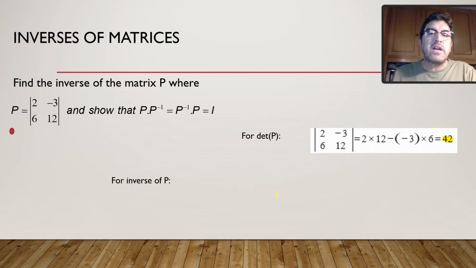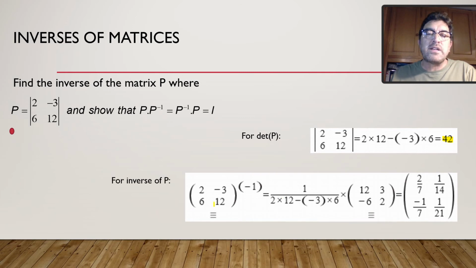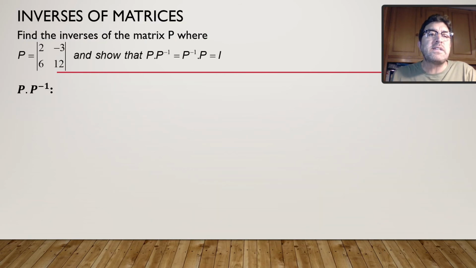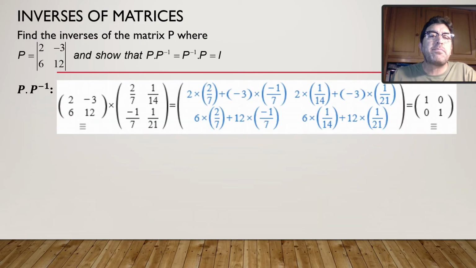Okay, and then you multiplied by the adjoint matrix, which you found by interchanging those 2 entries and changing the signs along that entry, and there's your final result for the inverse of this matrix. Okay, now let's see. The matrix multiplied by its inverse.